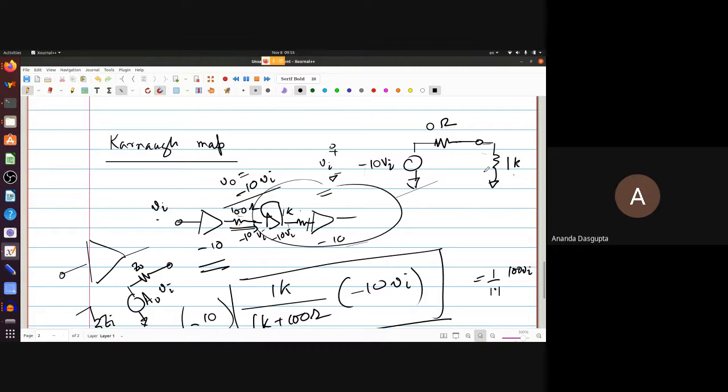The unity gain buffer essentially ensures that whatever output comes out of the first stage gets fed as the input to the second stage without effect of any loading, without effect of any drop. Simply because no current is drawn, so no drop here. And current is drawn here, but there is no resistance here, so no drop again. Okay?